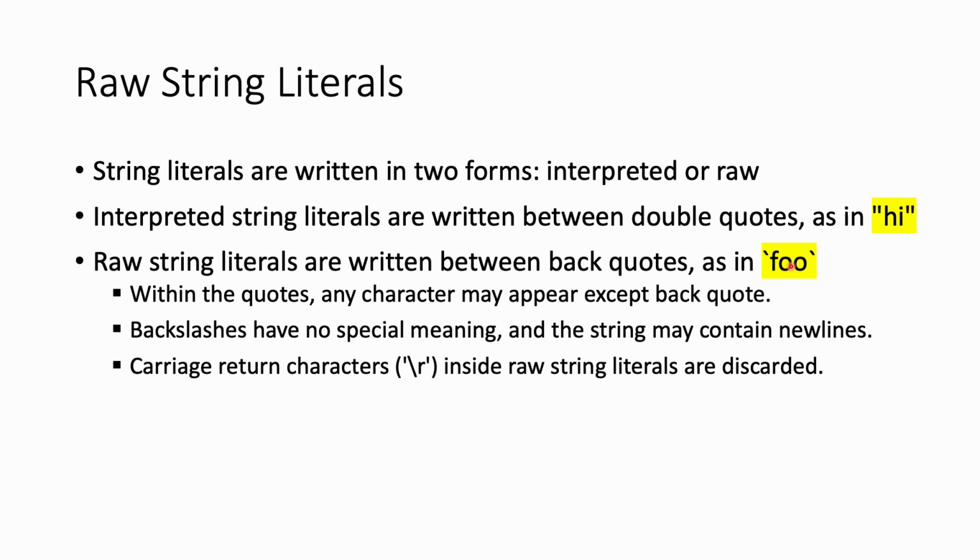Within the back quotes, any character may appear except the back quote character. The value of a raw string literal is the string composed of uninterpreted characters between the quotes. In particular, backslashes have no special meaning and the string may contain newlines. Carriage return characters, denoted by \r, inside raw string literals are discarded.